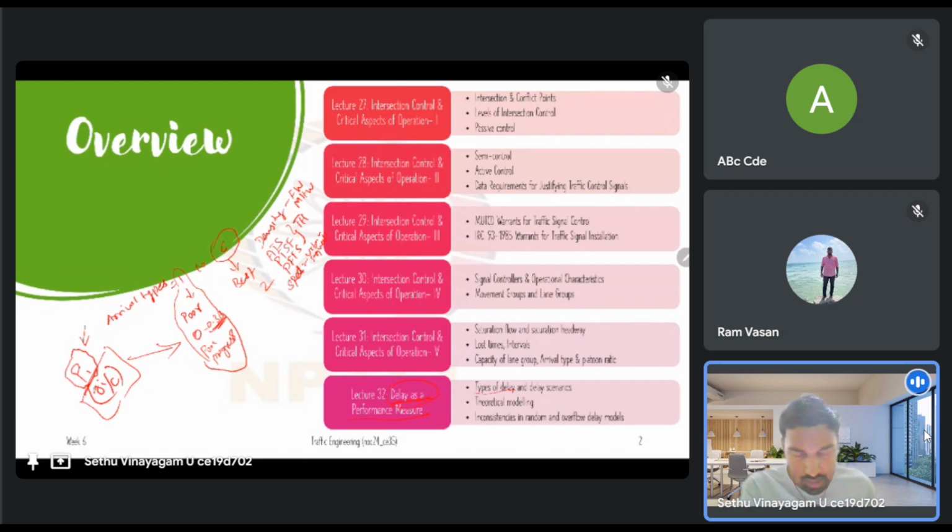Here there are different types of delay as well. We have stopped delay. Stopped delay is the time the vehicles are in a complete stop, for how long the vehicles are in total stop movement. And then we have approach delay. Before the vehicle comes to a stop, it has to decelerate.